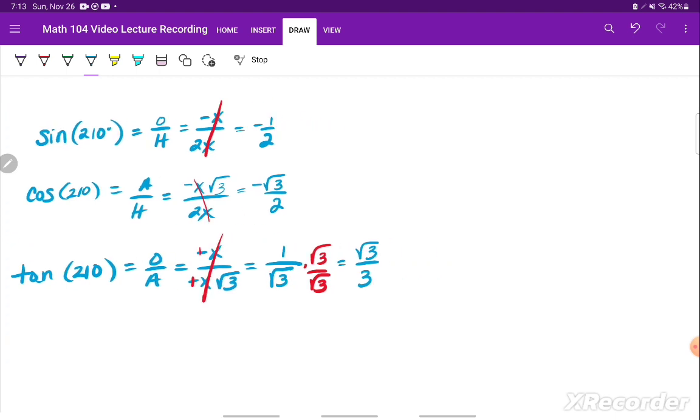Once we have these three, all we need to do is the reciprocal to get our other trig functions. Cosecant of 210, that'll be the reciprocal of negative 1/2, which is negative 2. Secant of 210, that's going to be negative 2 over the square root of 3, which will rationalize.